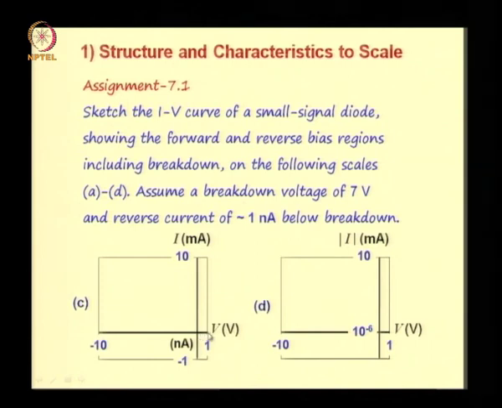Similarly, the positive voltage is of the order of volts, whereas on the negative side the voltage axis goes up to minus 10 volts. And finally, in part D, the current axis is in logarithm of the current. So this is a semi-log plot.